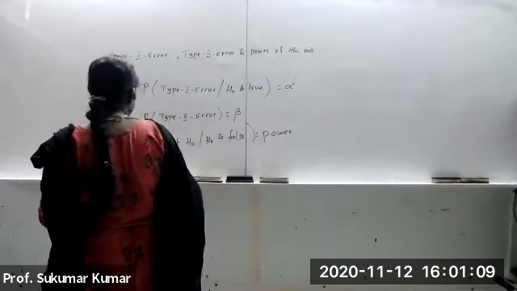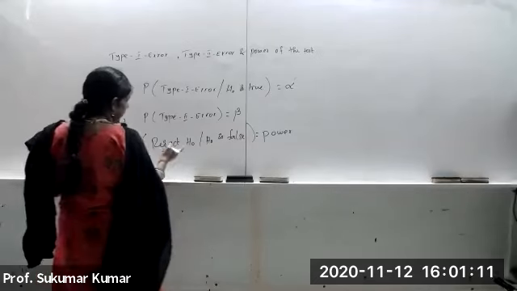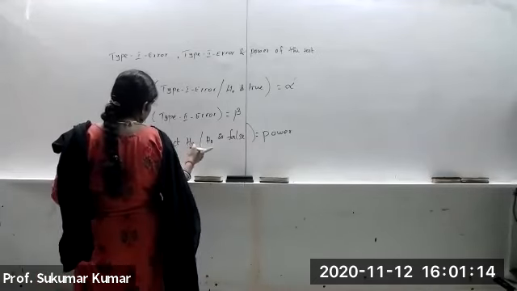So power is equal to P of rejecting the null hypothesis given H0 is false.